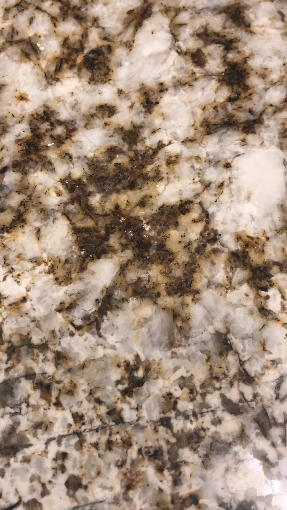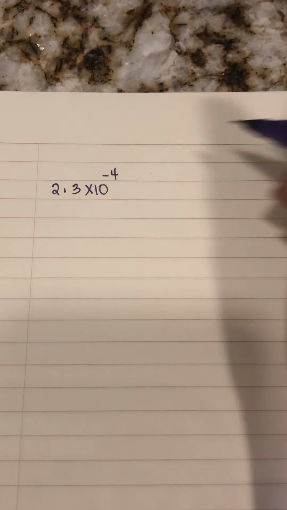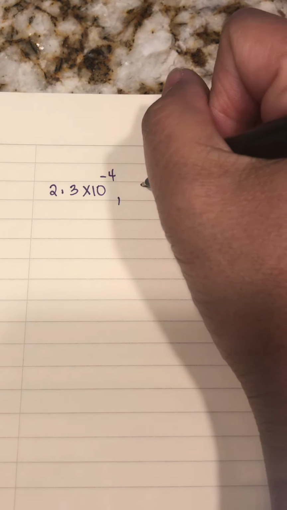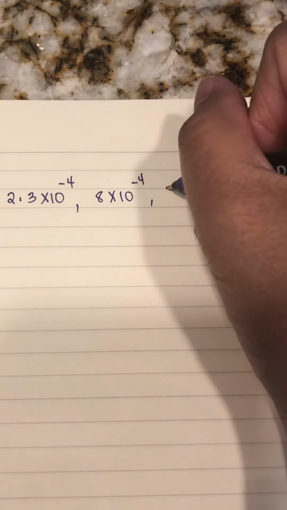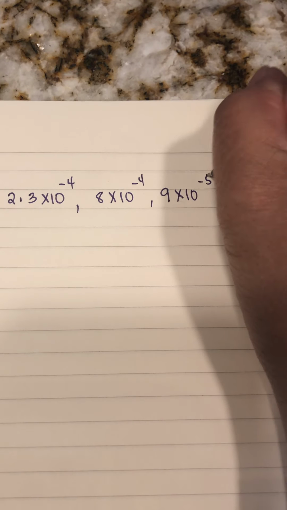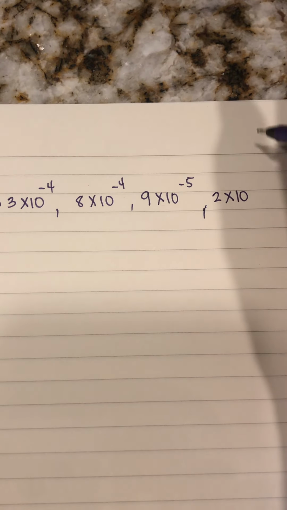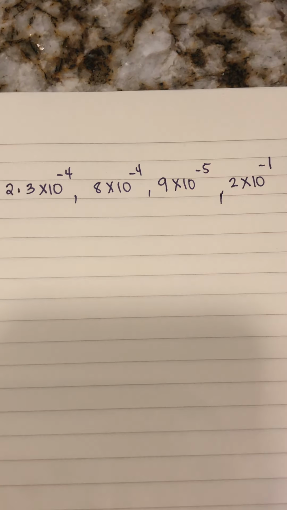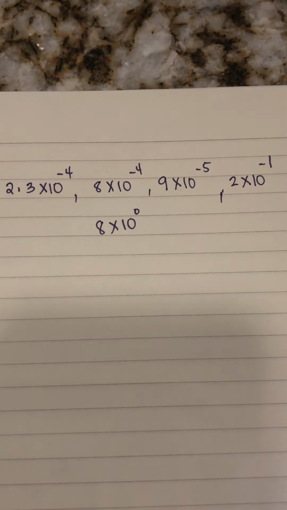So let's try arranging numbers written in scientific notation. Let's say 2.3 times 10 to the negative 4. I also have 8 times 10 to the negative 4. I have 9 times 10 to the negative 5. I have 2 times 10 to the negative 1. I also have 8 times 10 to the power 0.